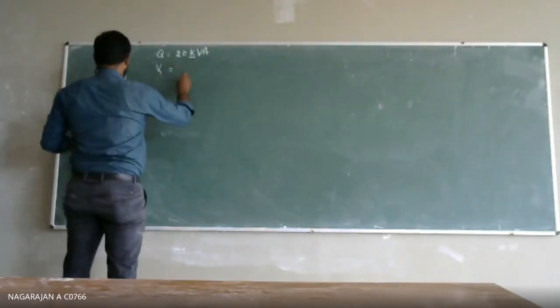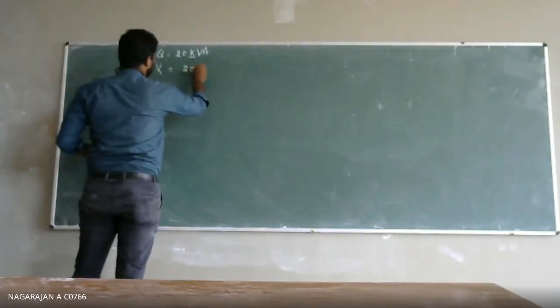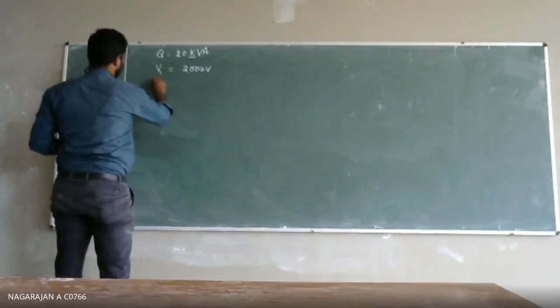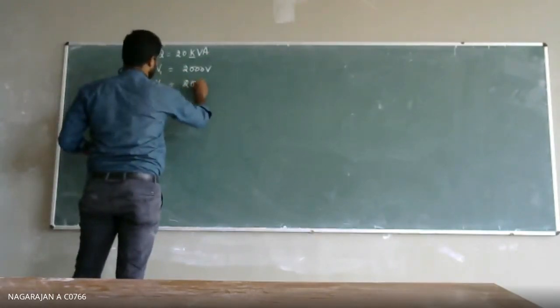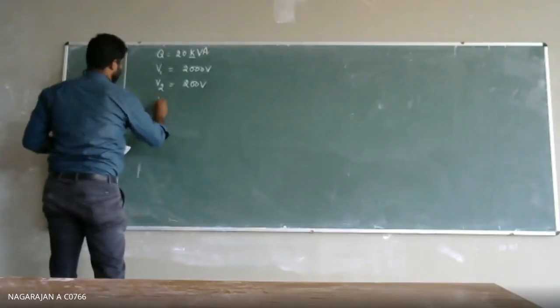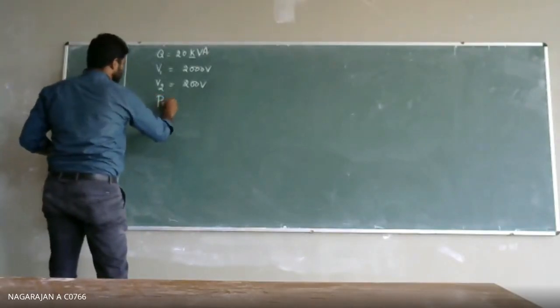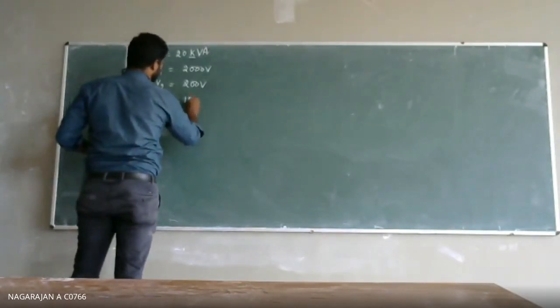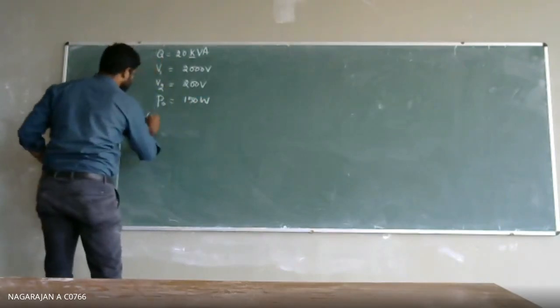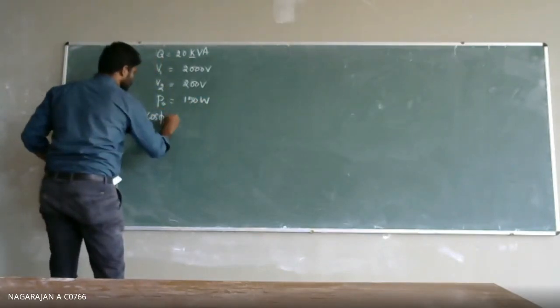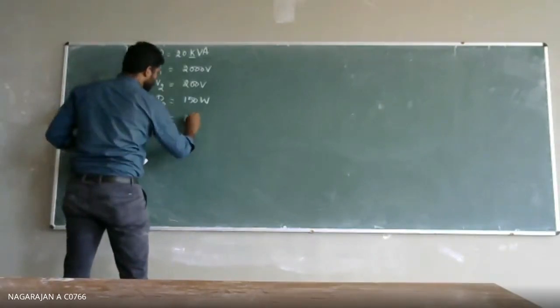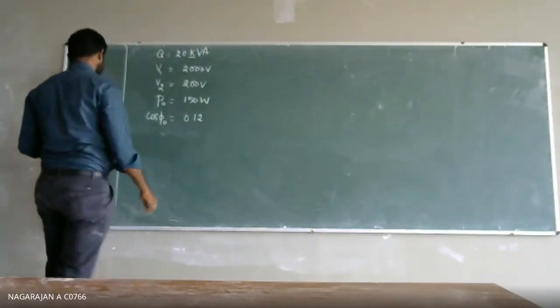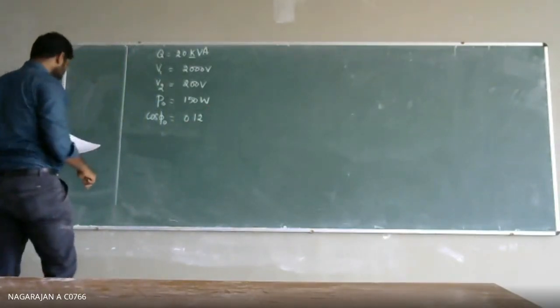Primary voltage V1 is given as 2000 volts, V2 is given as 200 volts, no load power is given as 150 watts, and no load power factor cos phi naught is given as 0.12.